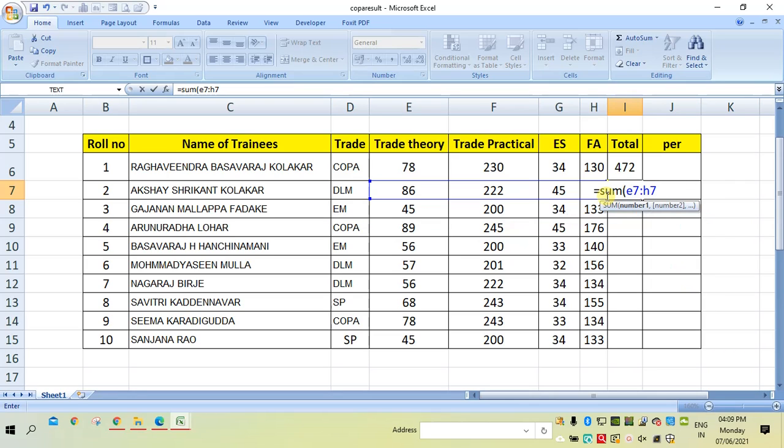Now instead of writing a formula for the remaining rows, just click on this and you will see a plus symbol at the bottom right corner. Just click and drag, and it will copy the formula automatically.